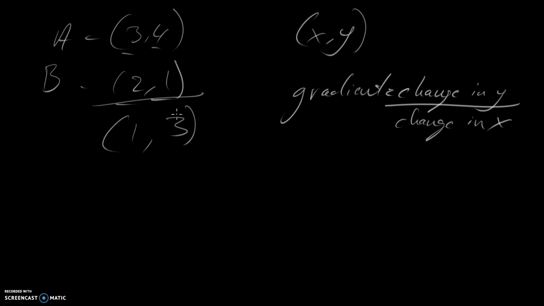Simple. Don't worry, it doesn't have to be 3 and 4 minus 2 and 1. It could also be written as 2, 1 minus 3, 4. You'll still get the same answer when you divide. So because this is the difference in y, also known as the change in y, and this is the difference in x or change in x, 3 would go on top, 1 would go at the bottom, and we'll get our gradient of 3.